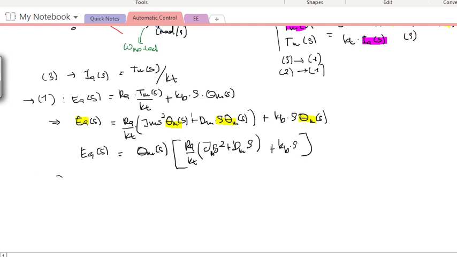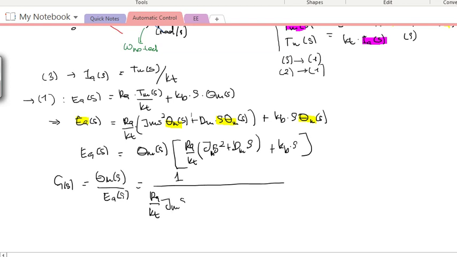So if we write the transfer function that we wanted, GS equals, we want to observe the displacement of the shaft theta MS due to an input voltage of EAS. It is equal to 1 over RA over KT multiplied by JMS square, plus RA over KT DMS plus KBS. So this is the final transfer function of a system with an electrical motor.